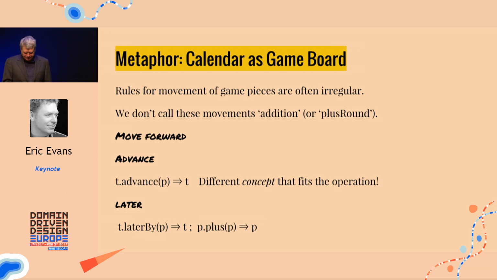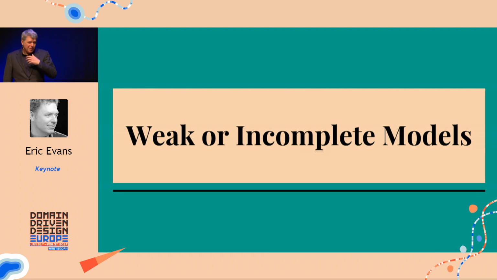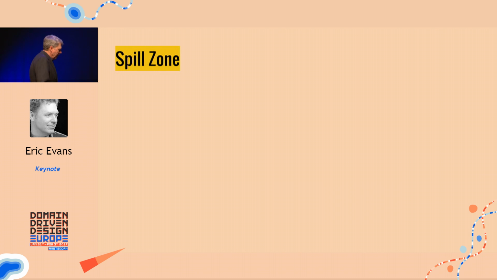Now, let me move on. Sometimes it isn't so much that your model is a little awkward in a spot. Maybe it's just a little incomplete, or can't handle all the cases. I remember that I was on a project once, and we came up with a really elegant model.